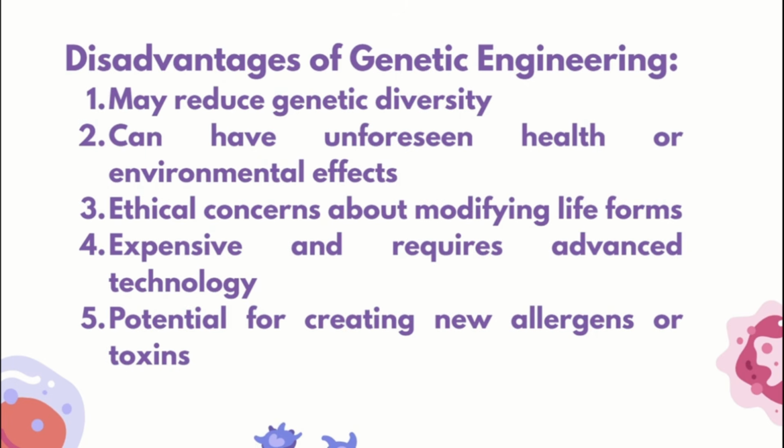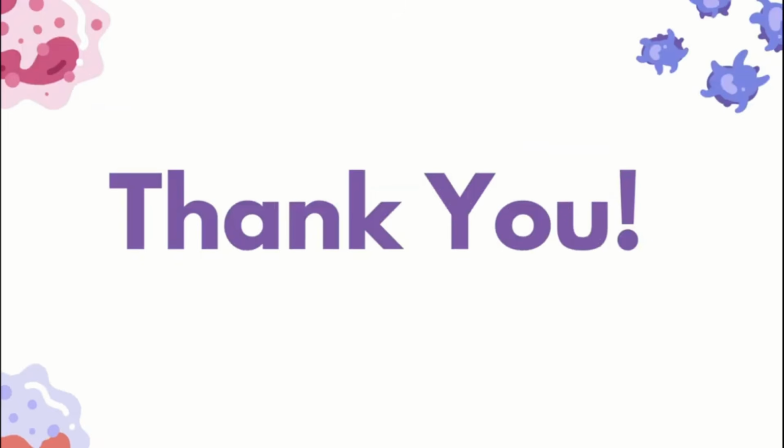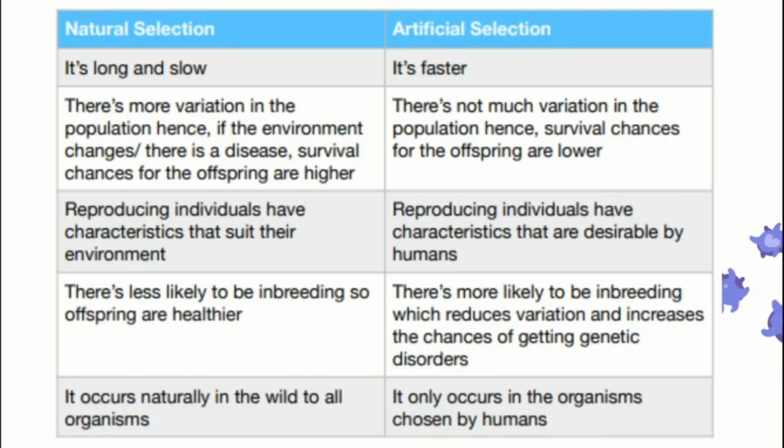So honestly, the bottom line, the biggest disadvantage about genetic engineering is that we do not know what we're tampering with. We're kind of just winging it. Previous research has been done. We have a little hypothesis, we have a little theory, and we say, okay, it could go like this. We see that it can help, but we don't know the full extent of what can happen because of this, basically. So that's the downside to genetic engineering.